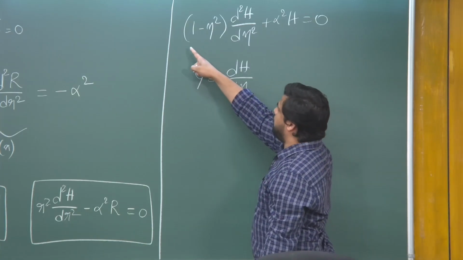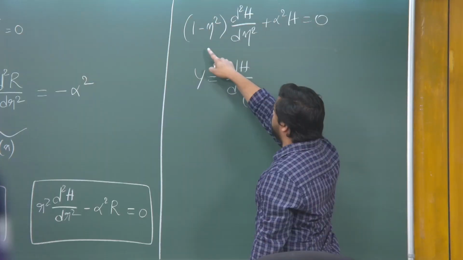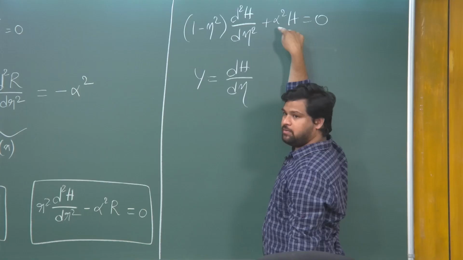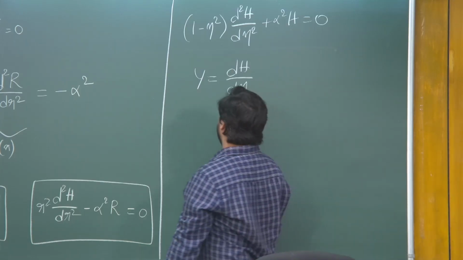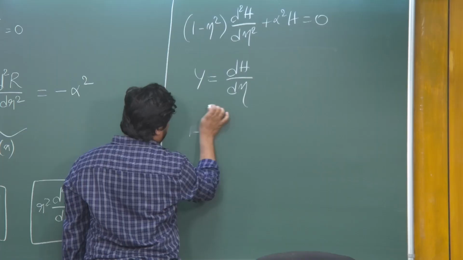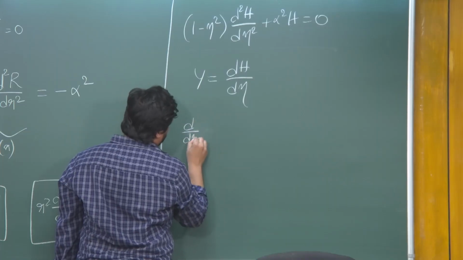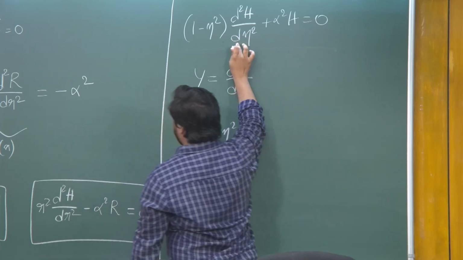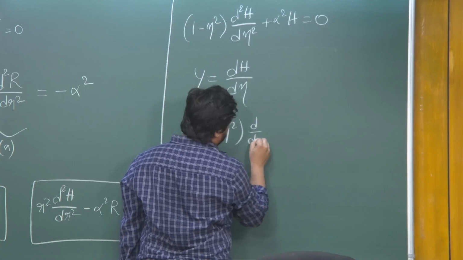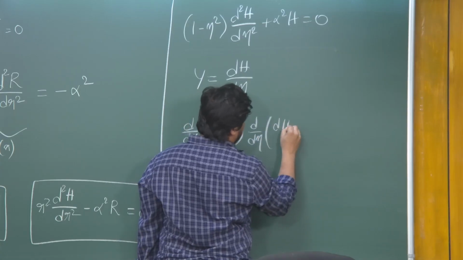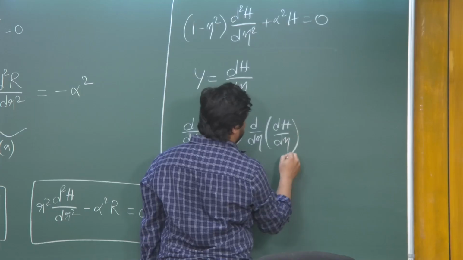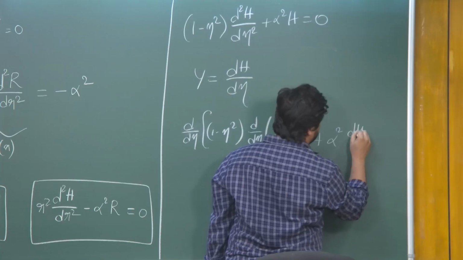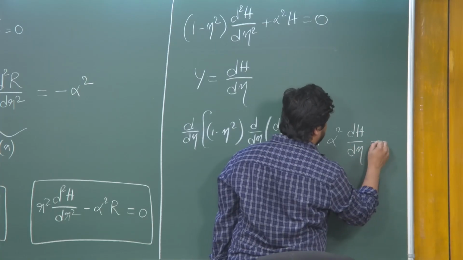I am differentiating the above equation with respect to eta, so that all H in this equation will become y. So here you can write d by d eta of (1 minus eta square) times d by d eta of dH by d eta plus alpha square into dH by d eta equal to 0.